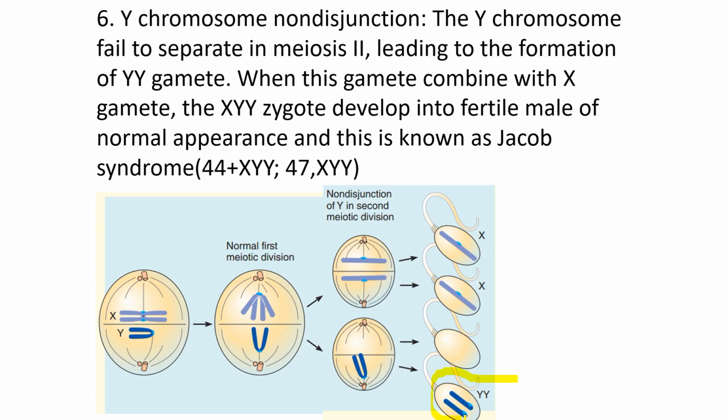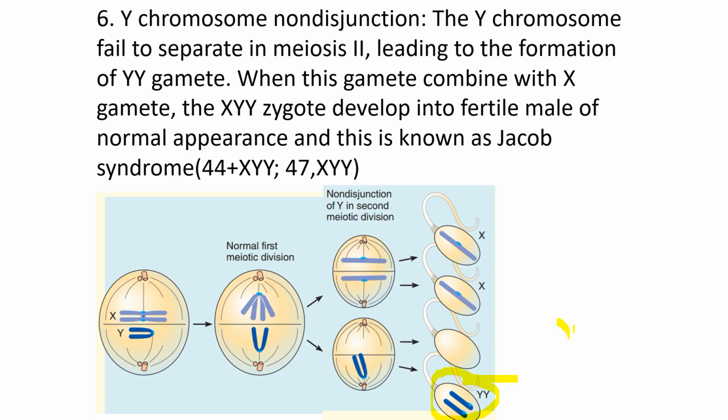Can you see here, the YY gamete? It forms because of the non-disjunction of the Y chromosome in meiosis 2. Now, when this YY gamete combines with an X gamete, the XYY zygote will develop into a fertile male of normal appearance, and this is known as Jacob syndrome.